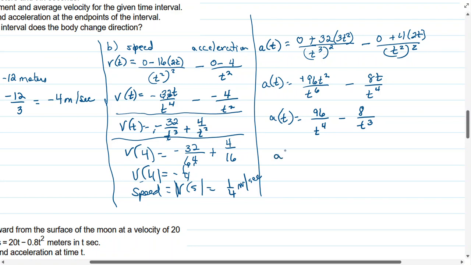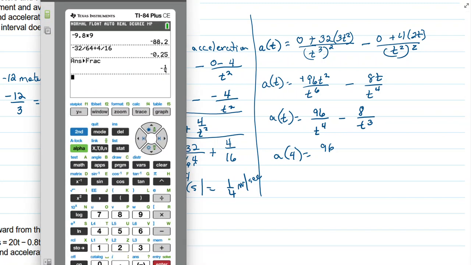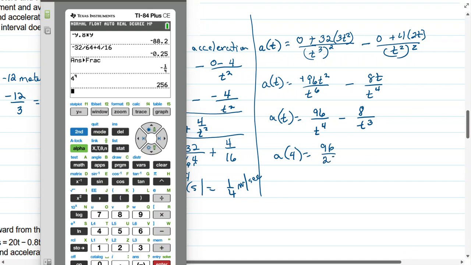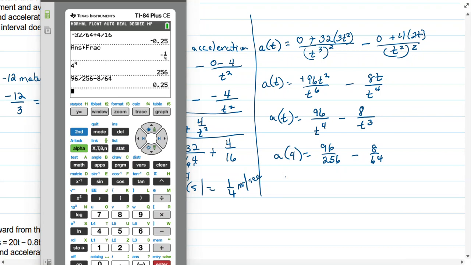I'm going to do a 4. That I'll have to tell you. I don't know what it is. Because that is going to be 4 to the 4th. For the 64. I'm going to stick that all in the calculator. I could reduce. Just want to get done. Oh, it's a quarter also.